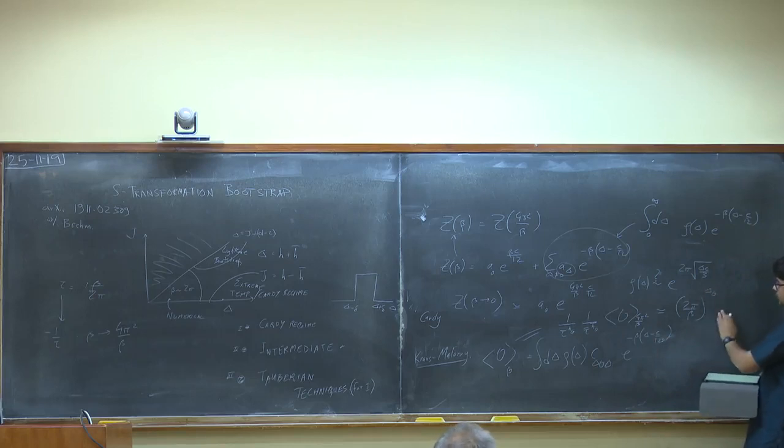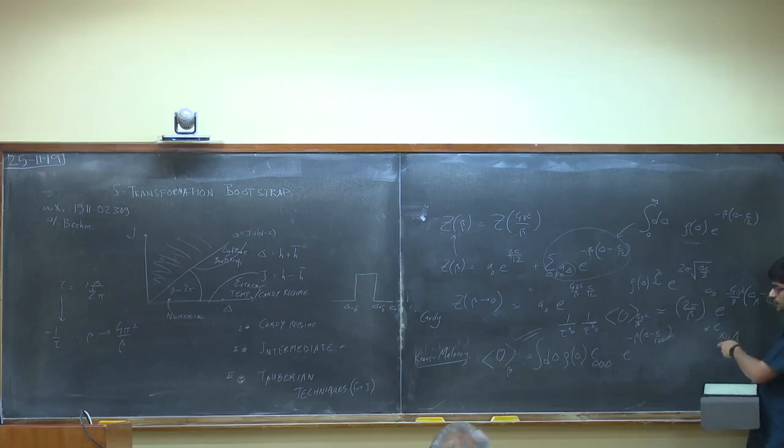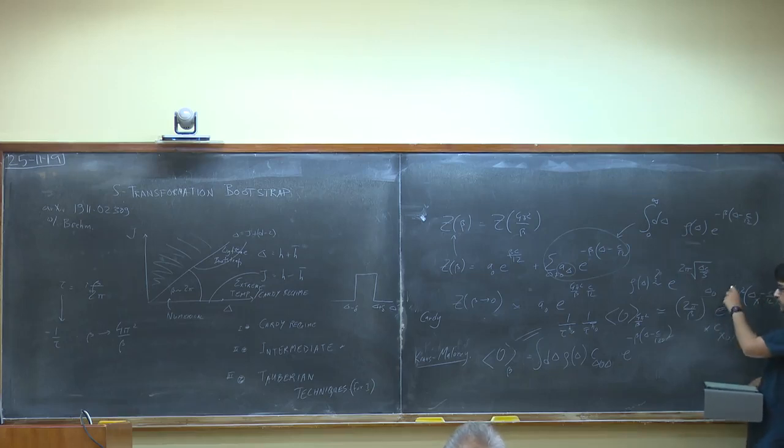And this leading answer is just minus 4 pi square by beta times delta chi minus C by 12, times C chi O chi, where chi is defined as the lowest primary which has a non-zero OPE coefficient with O. So this will be the leading result, and one can take other corrections. This will always be the leading one because delta chi is always positive by unitarity. So that is what you need.